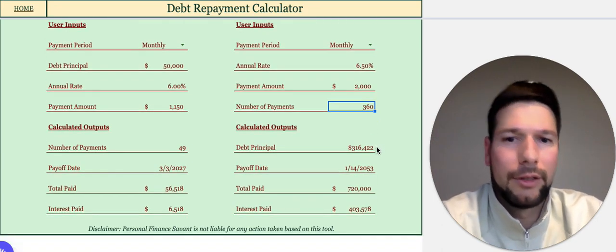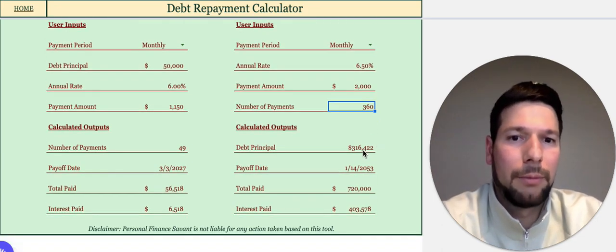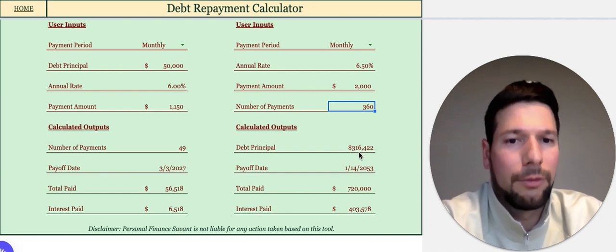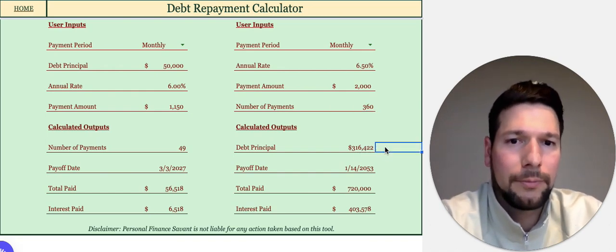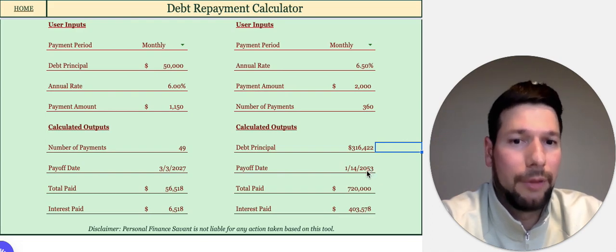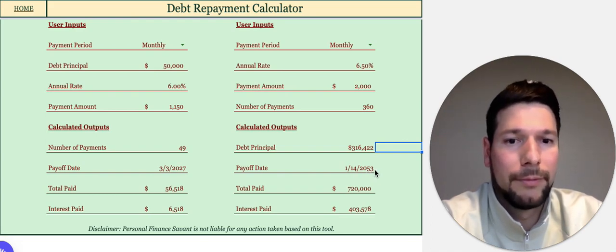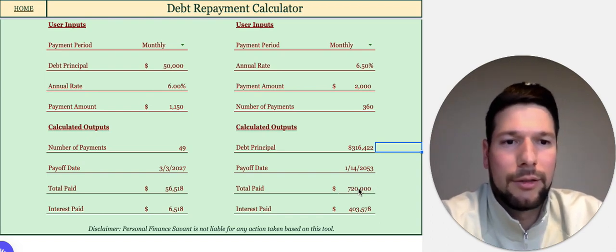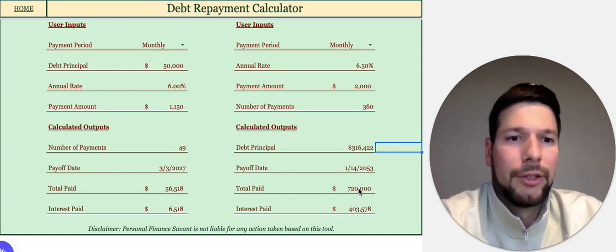But then this down here is going to tell you what you could afford from a debt principal. So this is saying you could afford a loan of $316,000. And if you actually took out that loan, your payoff date would be in 2053, which is 30 years from today. And then how much you're total going to pay. So this is the total cost of your loan that not a lot of people take into account. They're just seeing the monthly payment.